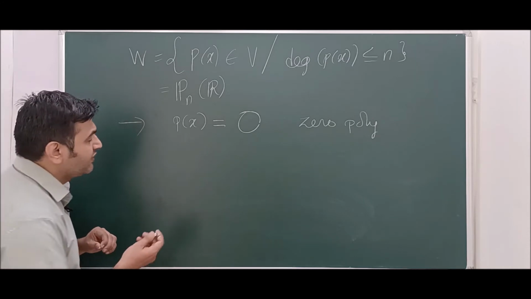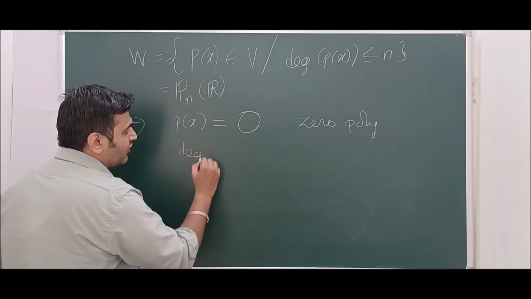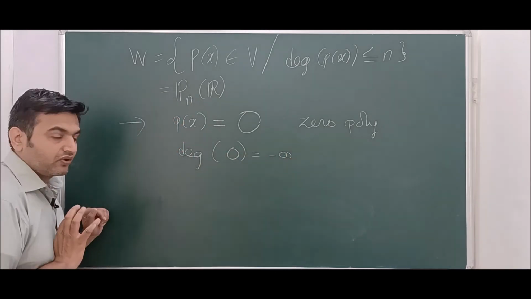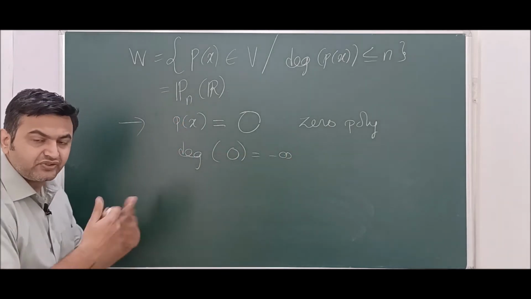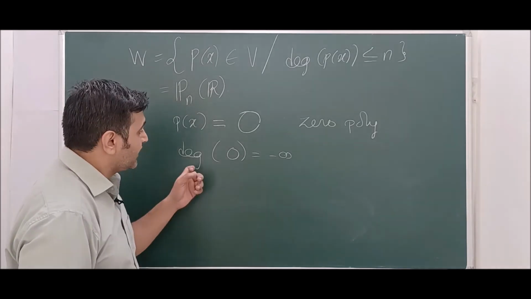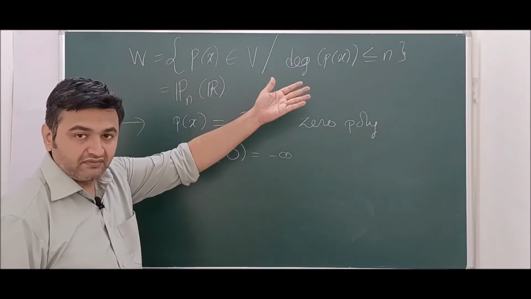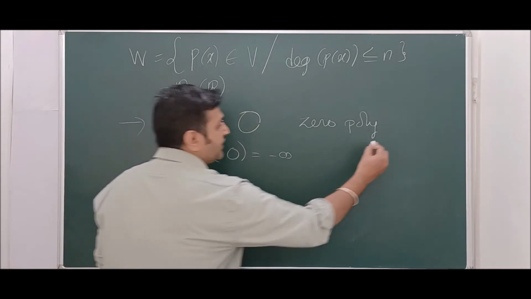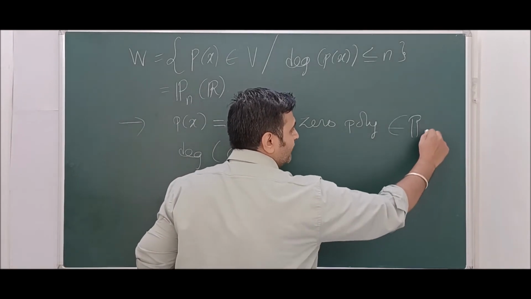Well, some people usually define the degree of the zero polynomial as minus infinity. You will see this many times once you start studying more and more mathematics. So minus infinity is less than n, which is a positive number. Therefore, this zero polynomial P of x belongs to P_n(R).